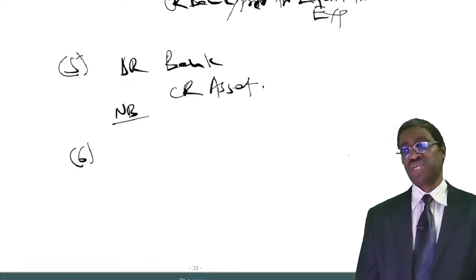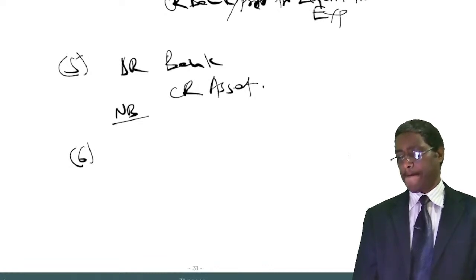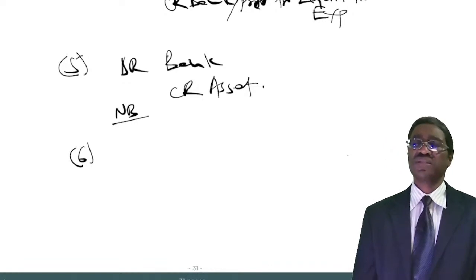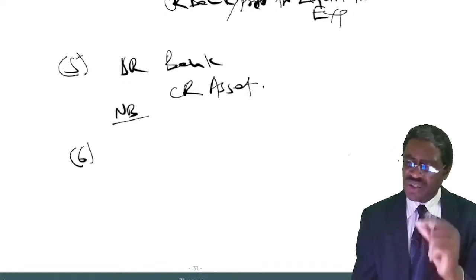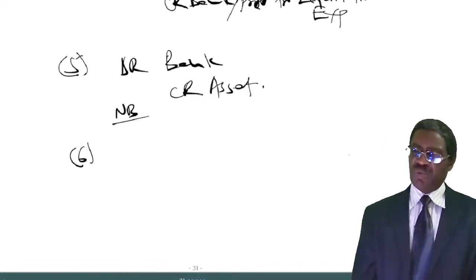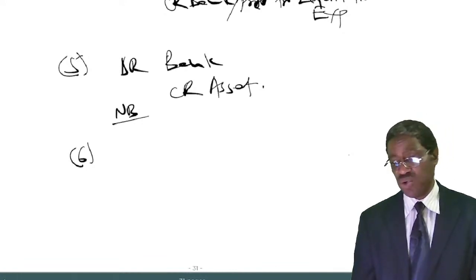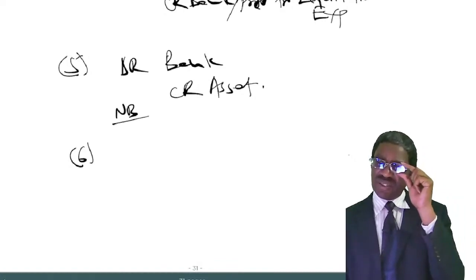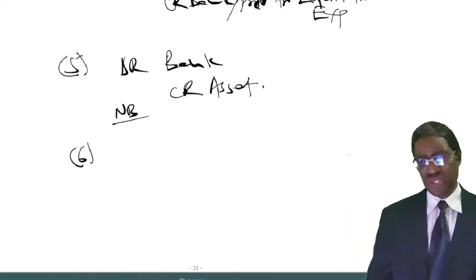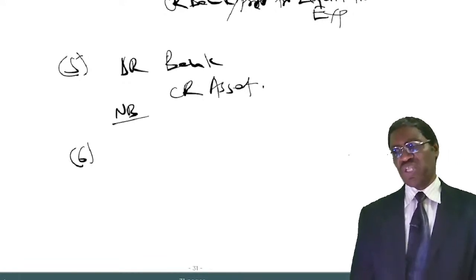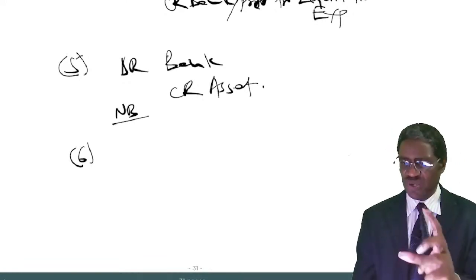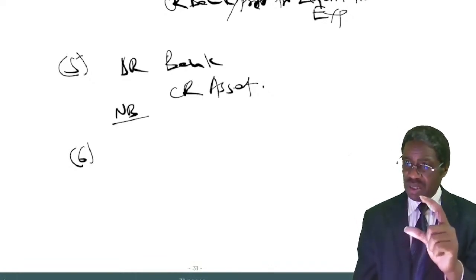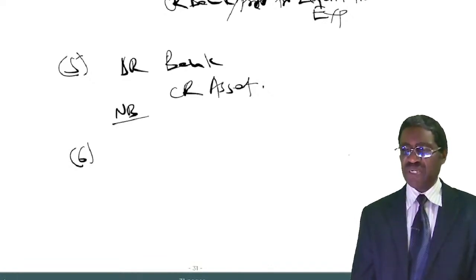Entry 6 says: with any liabilities not taken over by the purchasing company, but paid by the selling company.